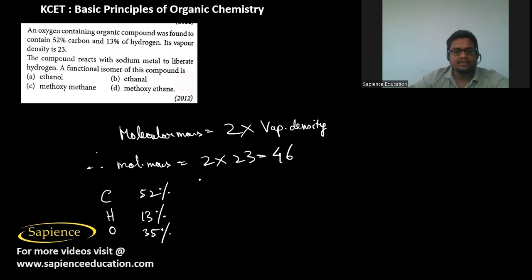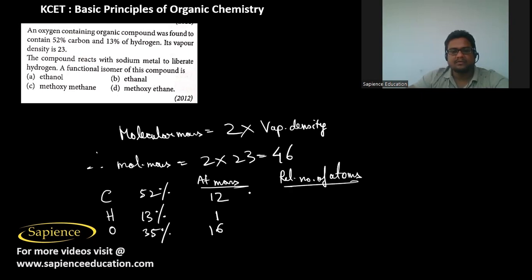So now the atomic mass of carbon is 12, for hydrogen it is 1, for oxygen it is 16. Now we have to find the relative number of atoms in that organic compound.